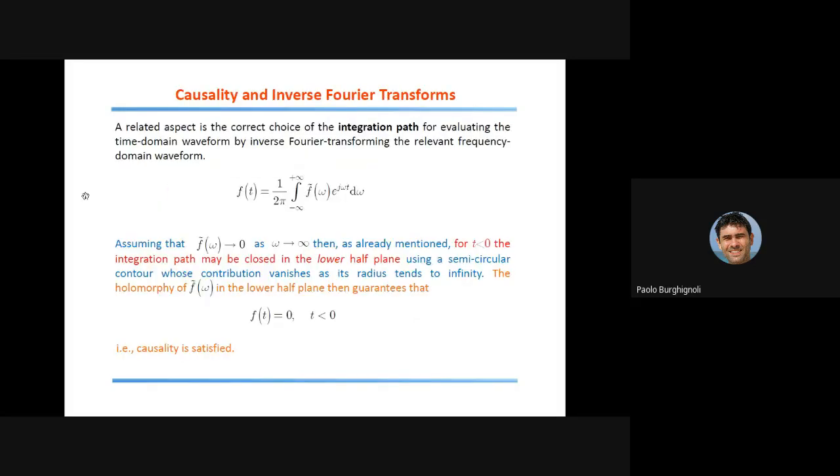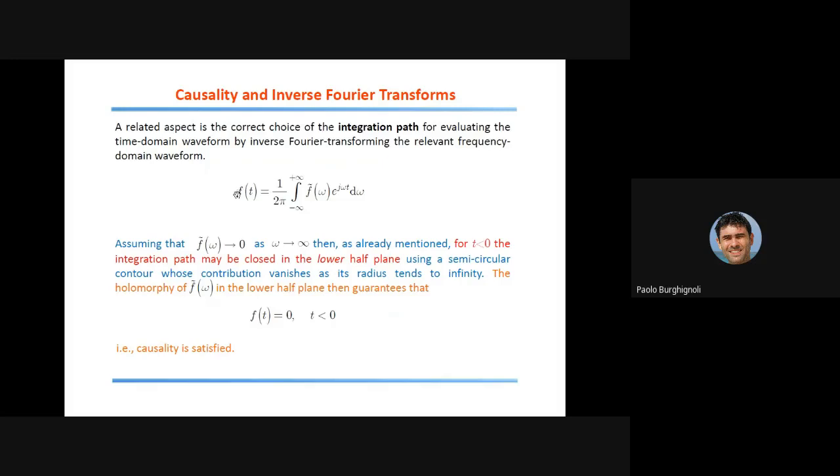Let us say something more in this respect. There is a related aspect, which is the choice of the integration path for evaluating the time domain waveforms in which we are interested. Those time domain waveforms require inverse Fourier transforms. So if you know the frequency domain signal, f tilde, you should evaluate this Fourier integral.